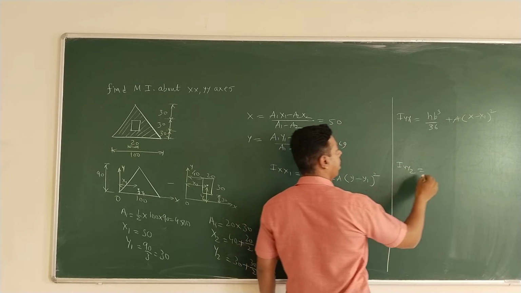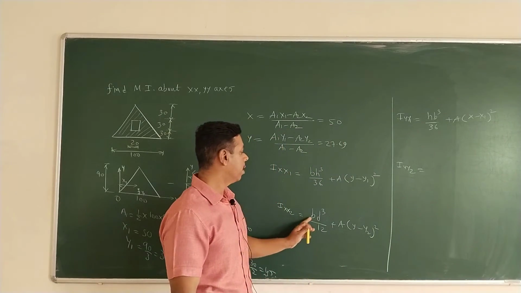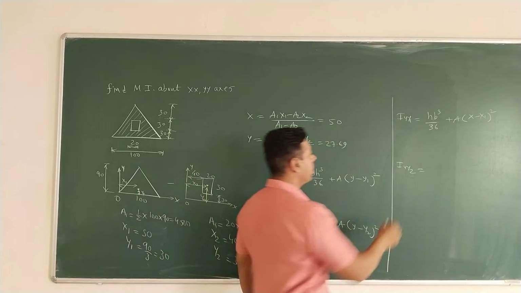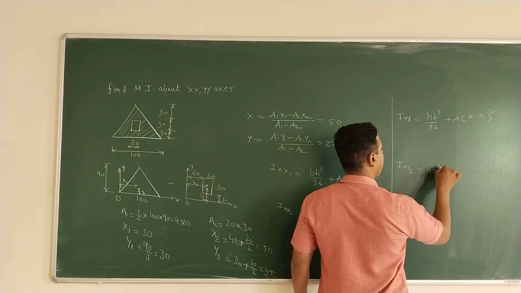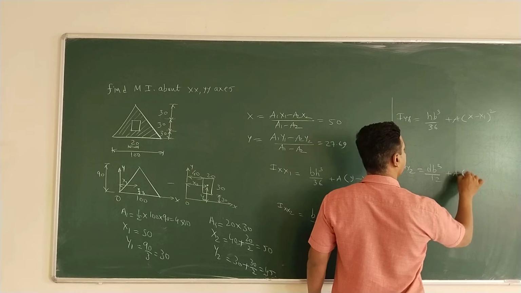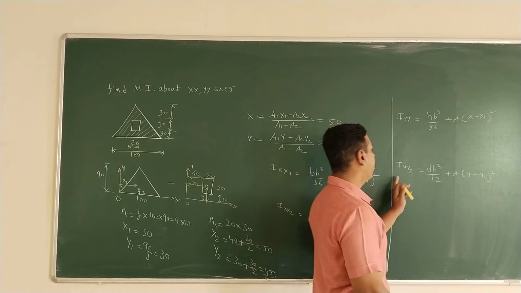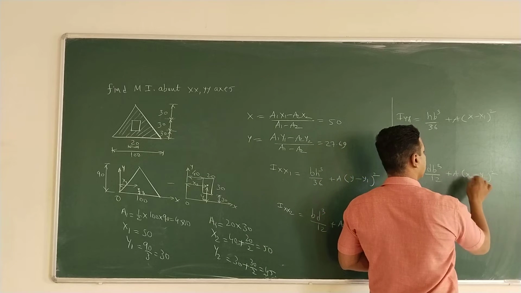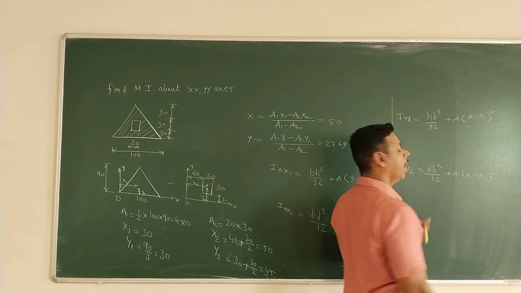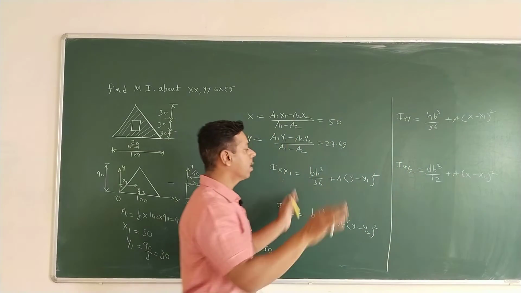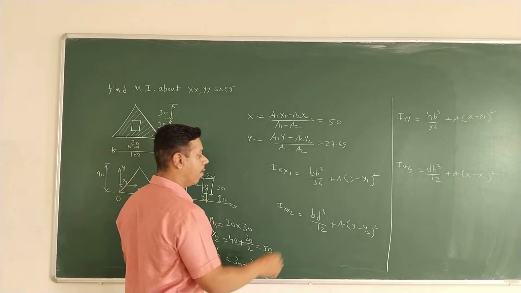Second body is rectangle. Rectangle's formula is BD cube by 12. Take it reverse. DB cube upon 12 plus area in the bracket y minus y2. We want to find Iyy2. So here we'll take x minus x2. These are the formula of Ixx1, Ixx2 and Iyy1, Iyy2.